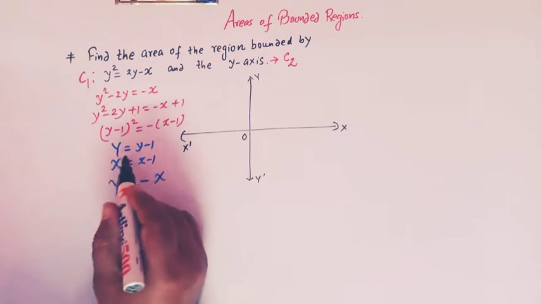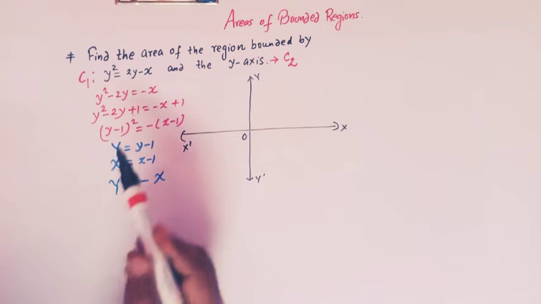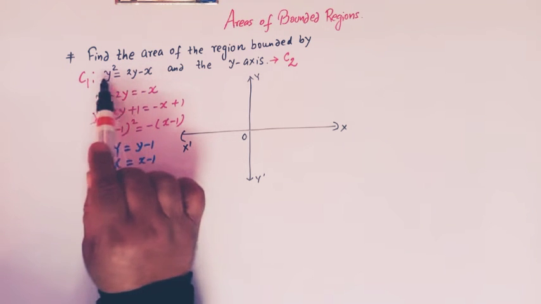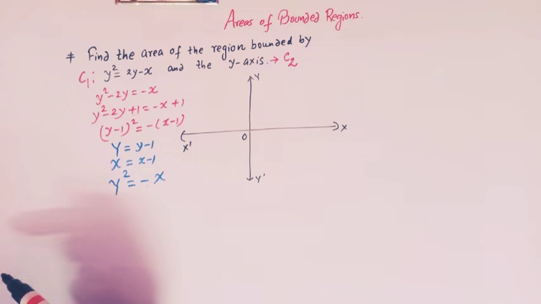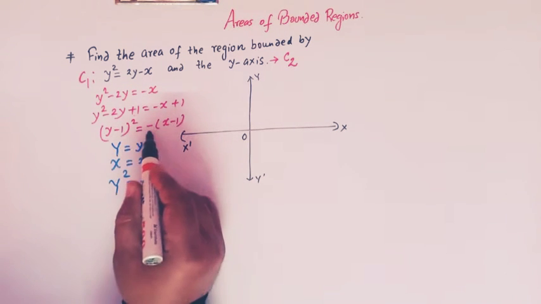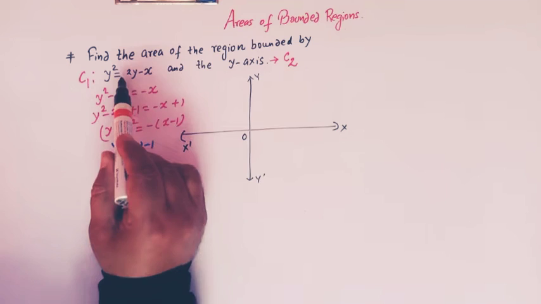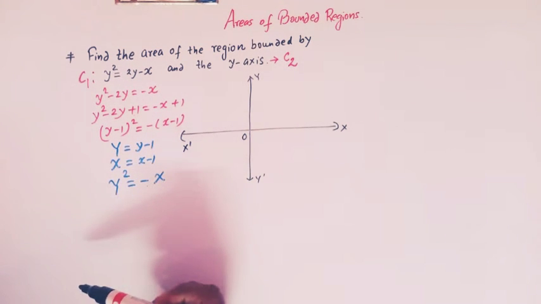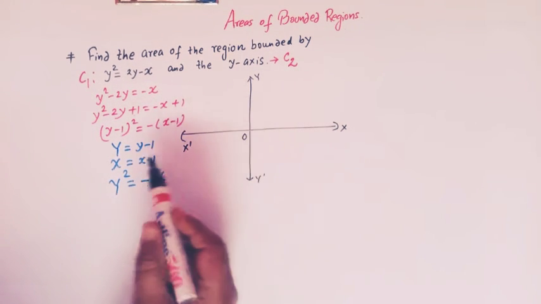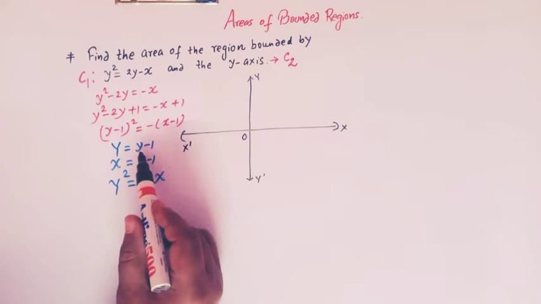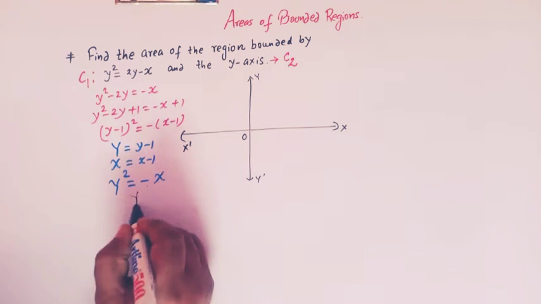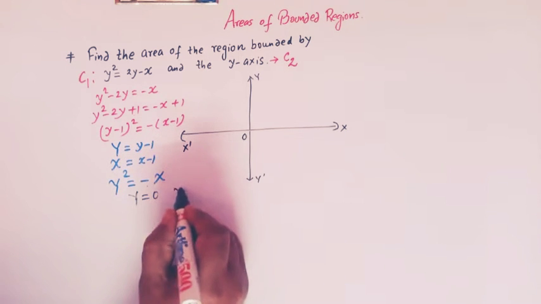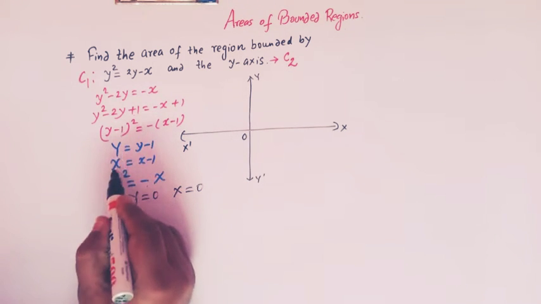So now, viewers, once we have converted this equation into the standard form of the parabola, let us plot this parabola on the coordinate plane, right? For this we have to find the vertex of the parabola, which can be obtained by putting capital Y equal to 0 and capital X equal to 0, right?